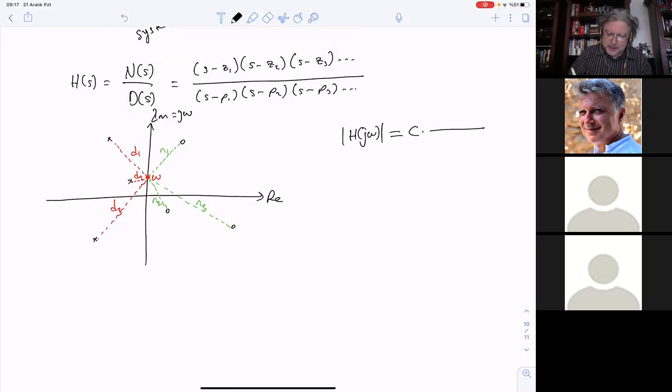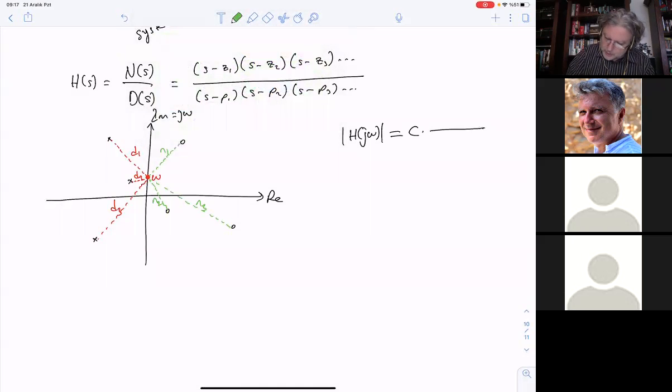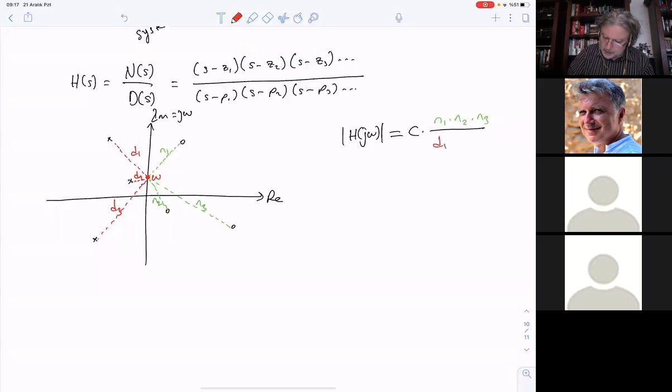C times a ratio of N1 times N2 times N3 divided by D1 times D2 times D3, if these three poles and three zeros are the only poles and zeros.